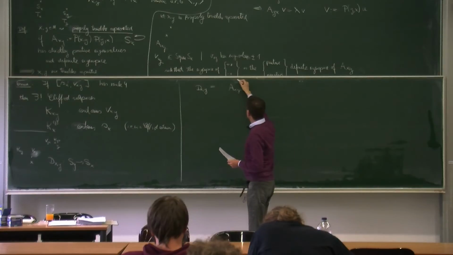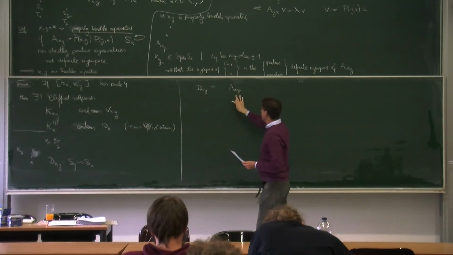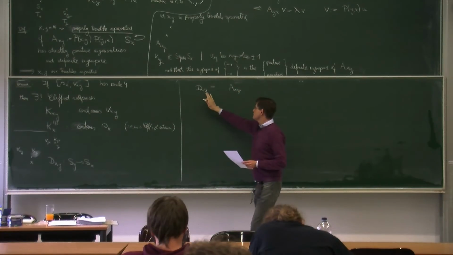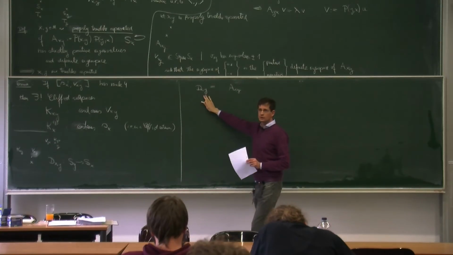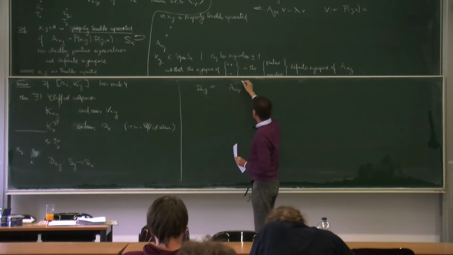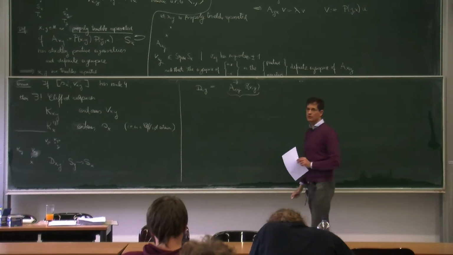But let me just explain how this goes. The naive idea would be, well, we just take a polar decomposition. So this means we take A_xy to the power minus 1/2 times P_xy. So this is a kind of unitary operator.